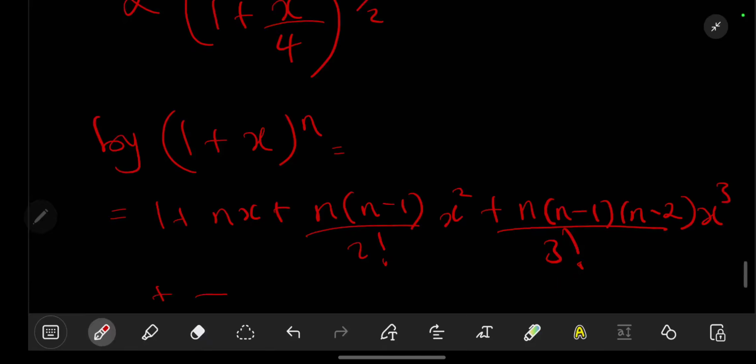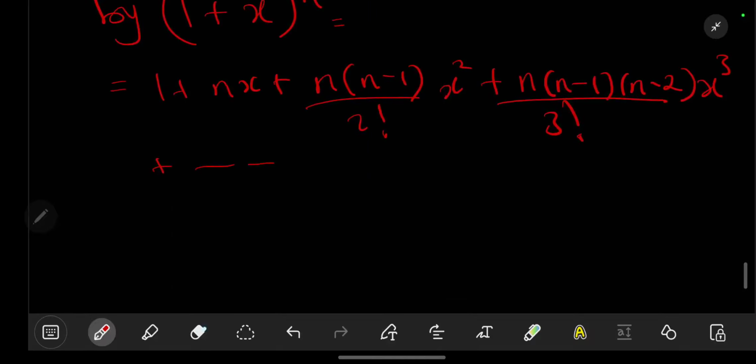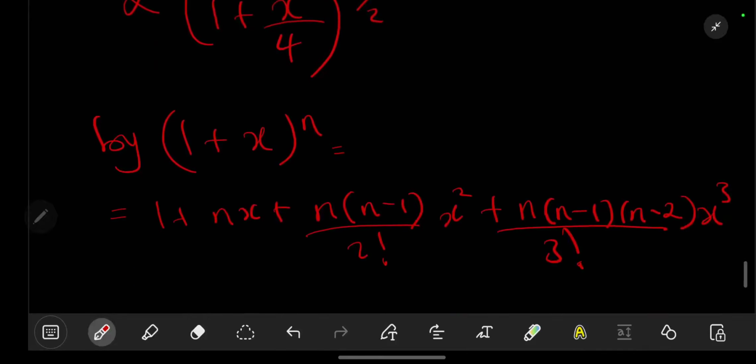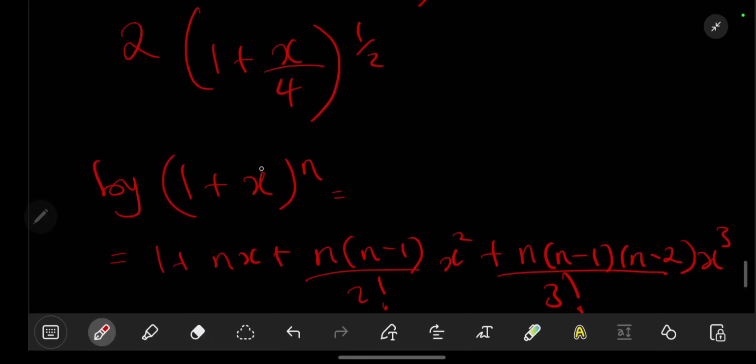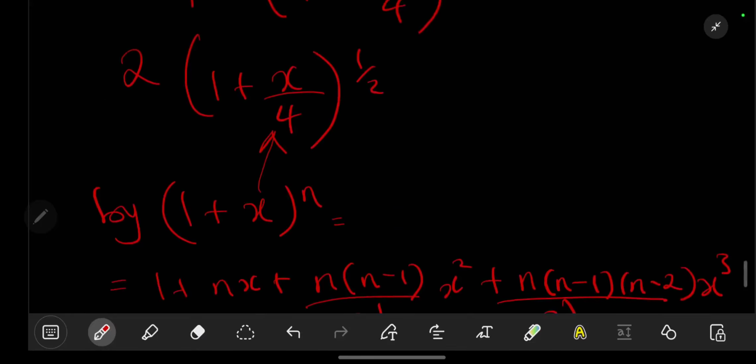Then you continue plus dots like that. It's very important. So in this case, your x here is equal to that. So you are going to say x is equal to x over 4, like that.